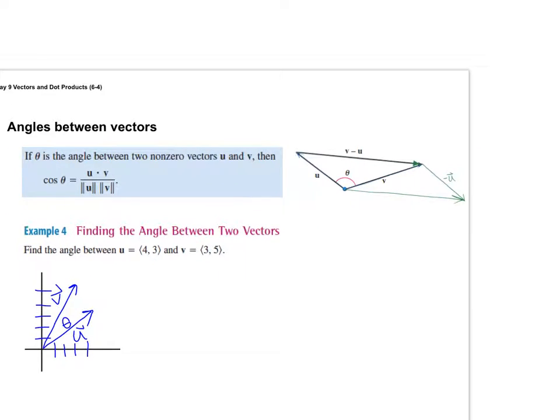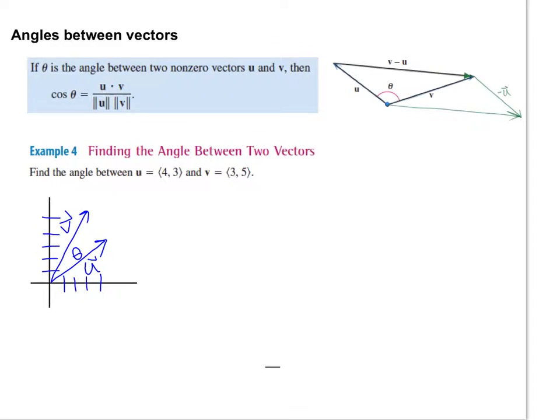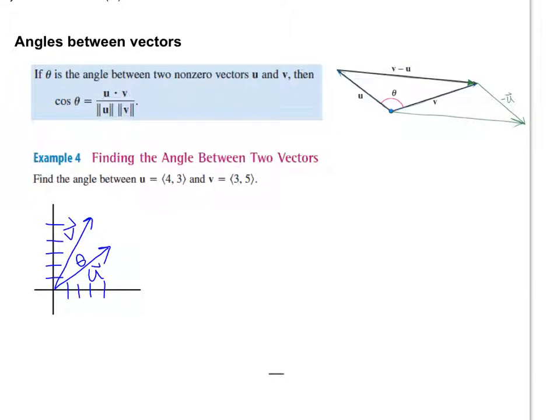Alright, so let's look at the actual formula. For the angle between the two vectors, the cosine of theta equals the dot product over the product of the magnitudes: u dot v over the magnitude of u times the magnitude of v.